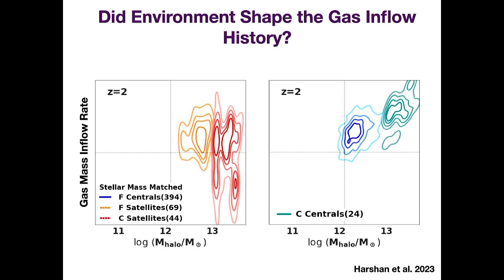So we then go ahead and look at the properties that would describe what is actually affecting the gas inflow rates. For centrals, it really looks like the gas inflow rate is mainly governed by the halo mass of the cluster or the group it's part of. Whereas the halo mass itself has no effect whatsoever on the gas inflow rates of the satellite sample, and that is the same for both the cluster as well as the field satellite samples.